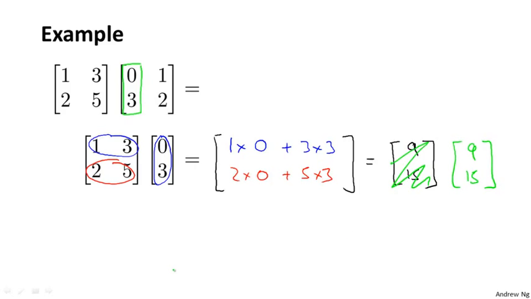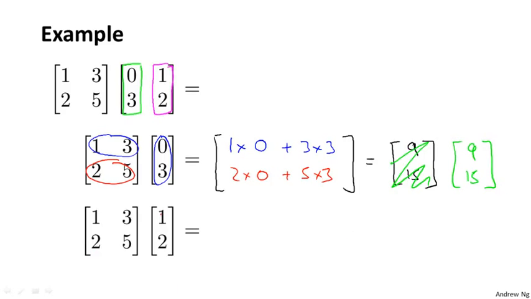And then next, I'm going to pull out the second column of this and do the corresponding calculation. So that's this matrix times this vector [1 2]. Let's also do this quickly. So that's 1 times 1 plus 3 times 2.